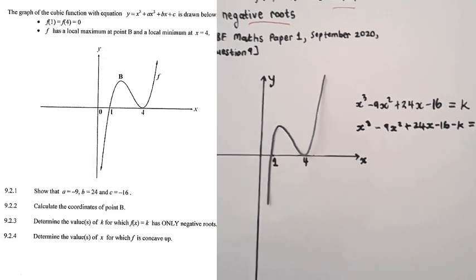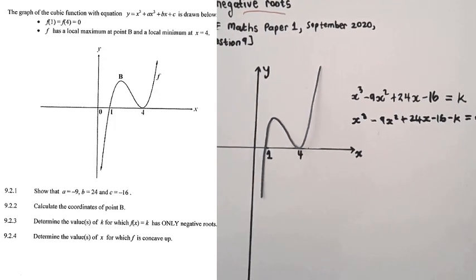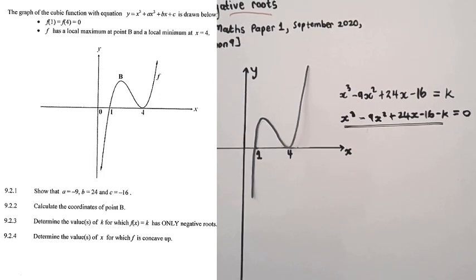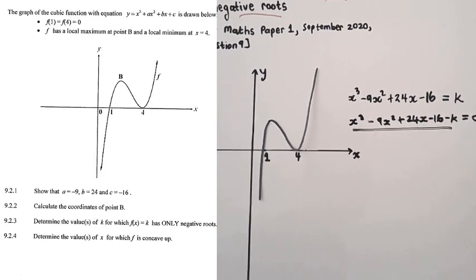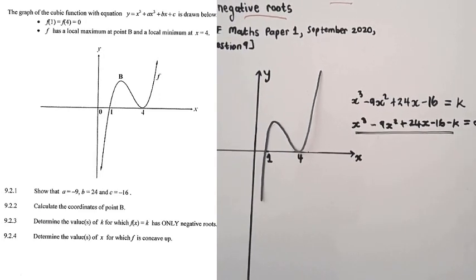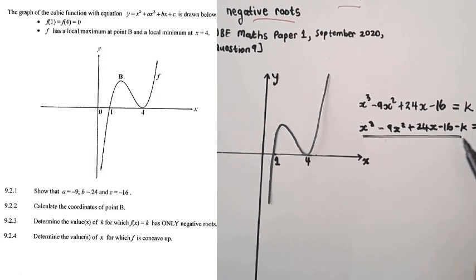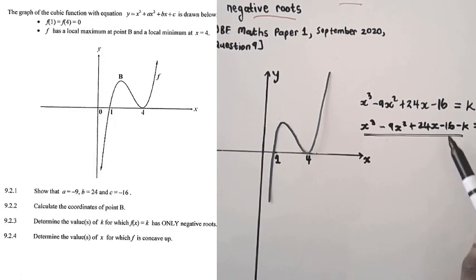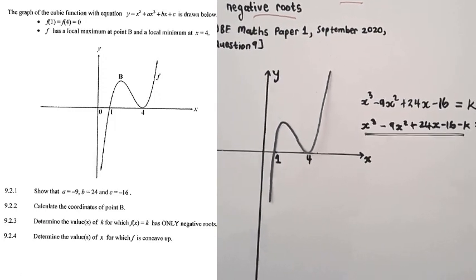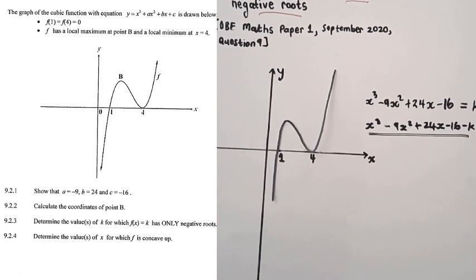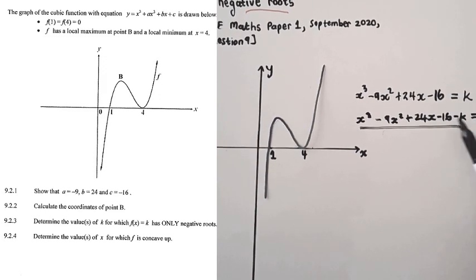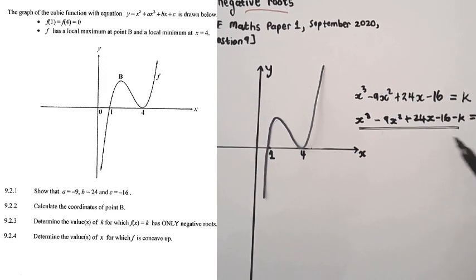So then you notice that now I have a new function, this is my new function, and this new function is going to have different positions, specifically vertical positions, because if you look at your k, your k is right at the end of the function, so it's basically going to be moving the function up and down. So why do I say that? Well, it's attached to the original y-intercept of your function.